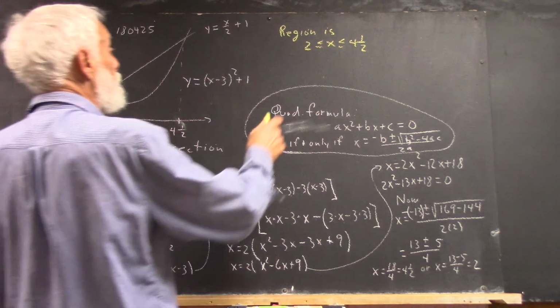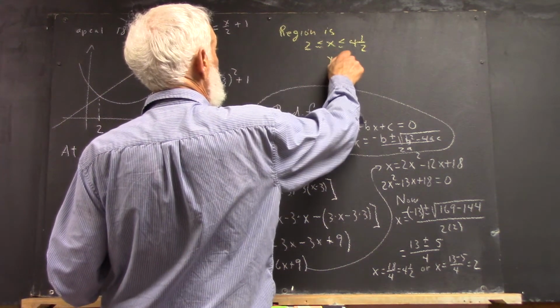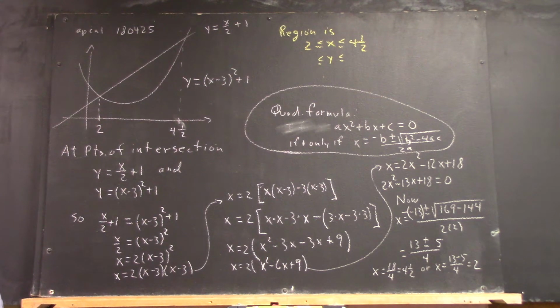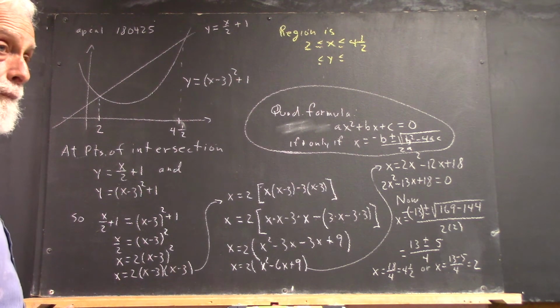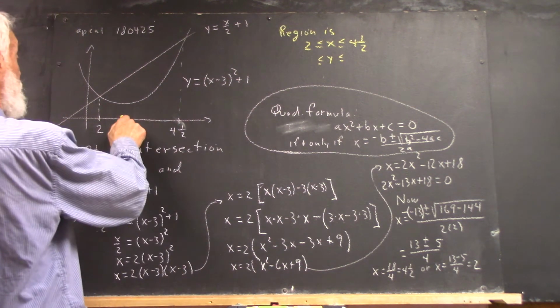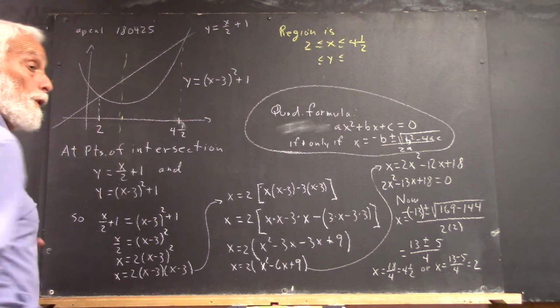And y goes from what? Remember, we're saying for a given value of x, where are your y values?